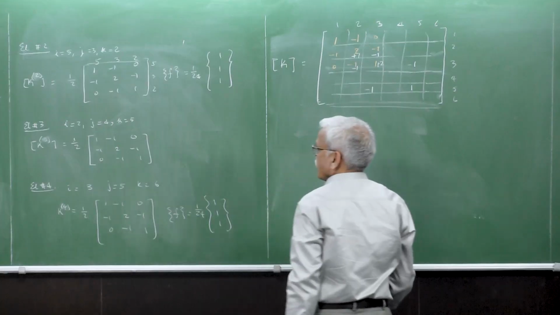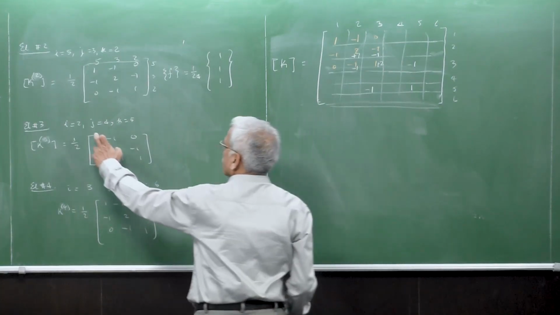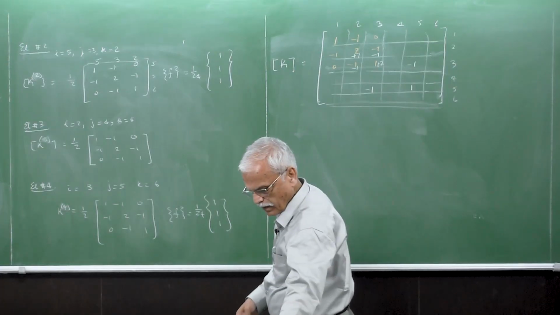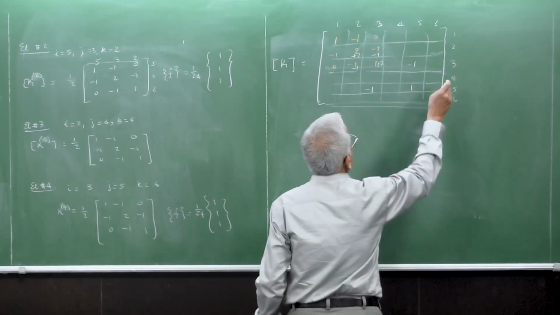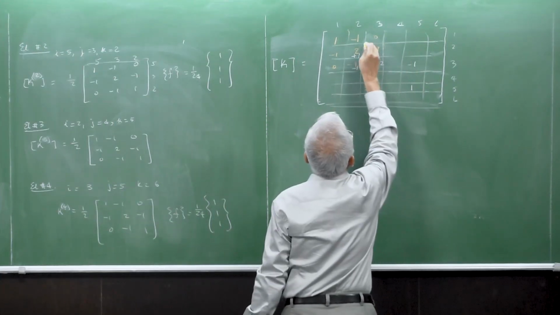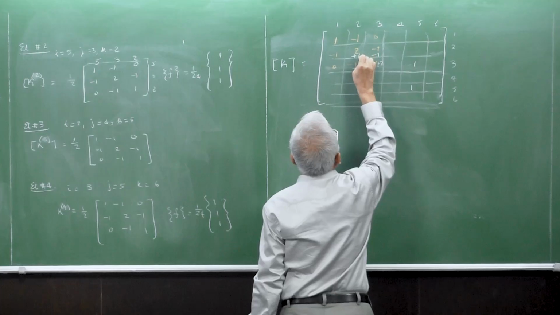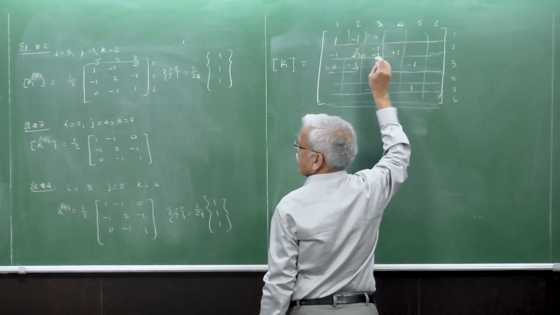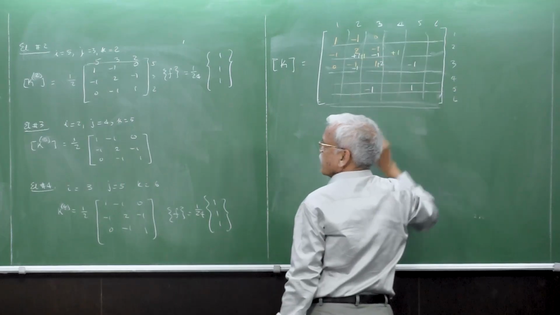And then similarly for element 3, it goes to 2, 4, 5. That means 2, 2 will have a 1 here, and 2, 4 will have a 1, and 5 is not having anything.